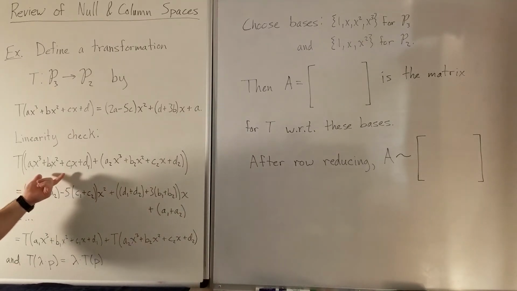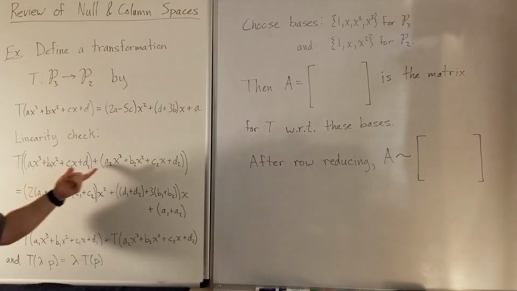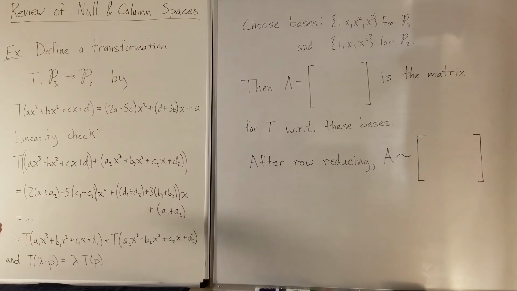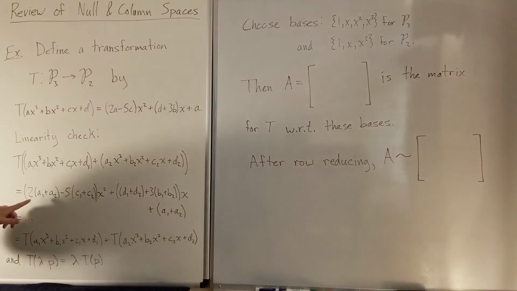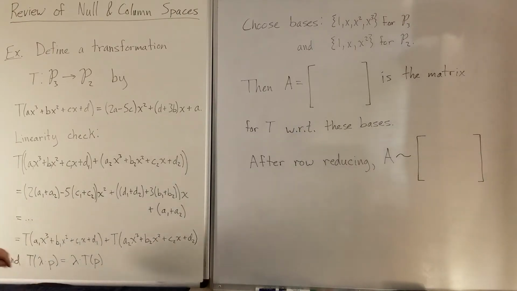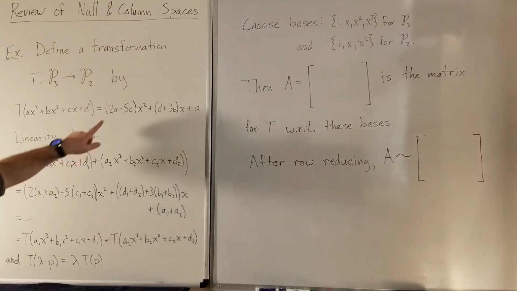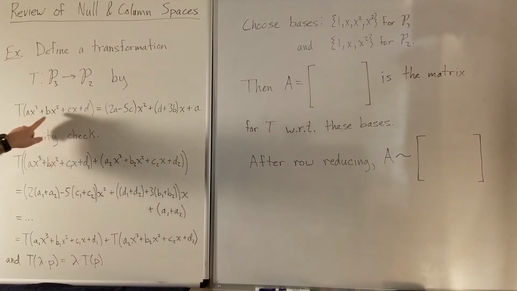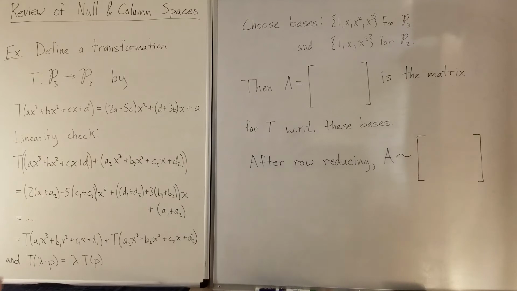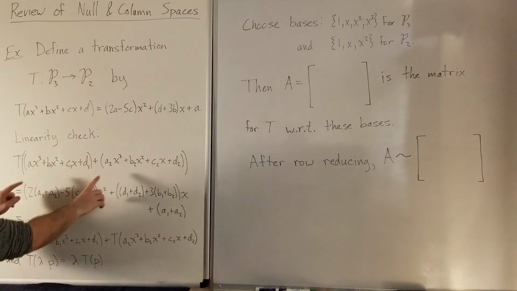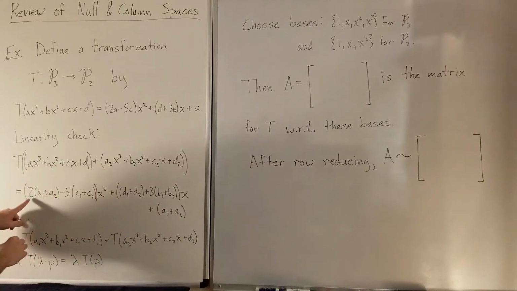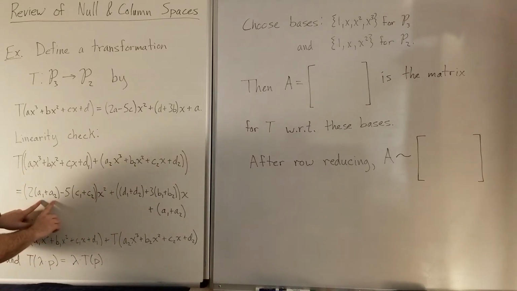This thing is linear. Here are some of the details, not all of them. So just to check additivity, if you add two of these polynomials together, then apply the transformation. The transformation is going to take the coefficient of, so we want this a right here. A is the coefficient of the x cubed, and we want to do 2 times that coefficient. So if we're adding these two polynomials together, the coefficient of the x cubed is a1 plus a2, and we want to do 2 times (a1 plus a2).